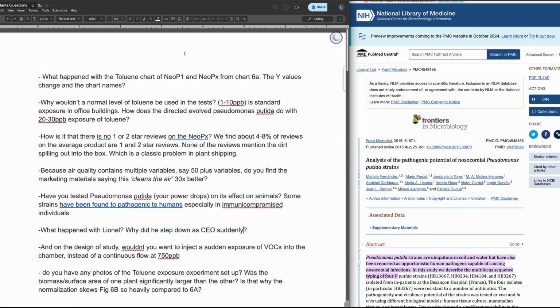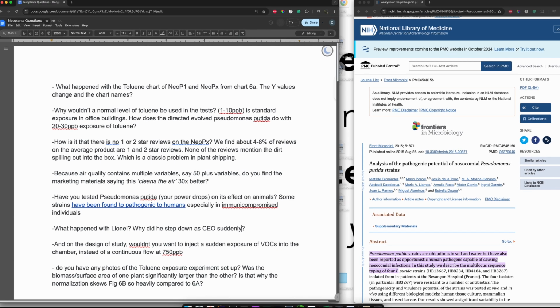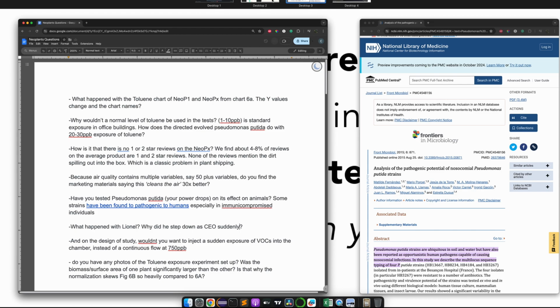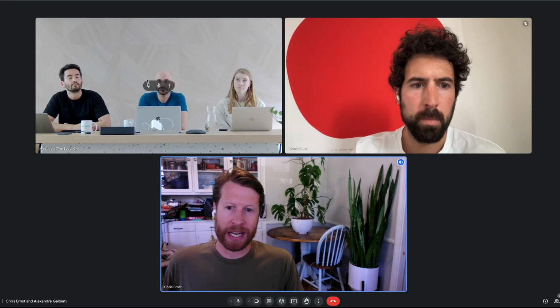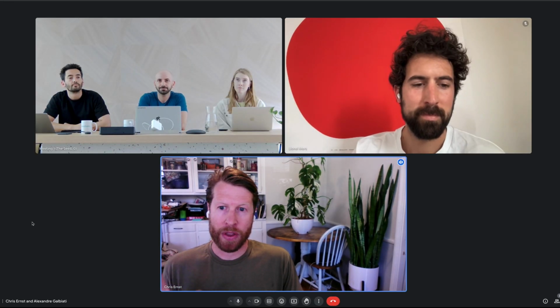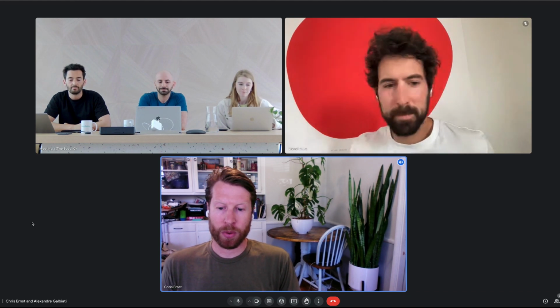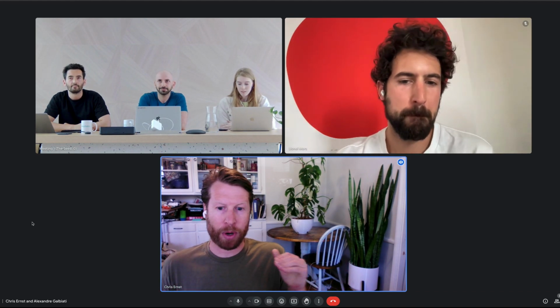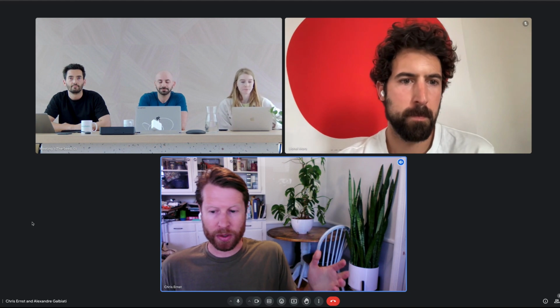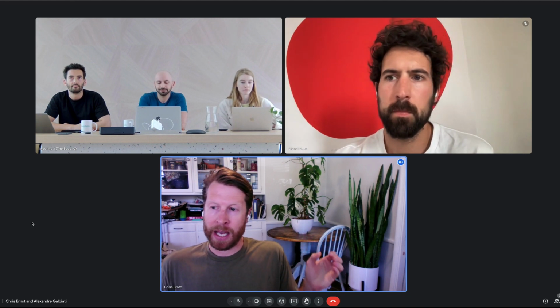Number one is the toluene chart from NeoP1 and NeoPX. Those are the same data points on the chart. And you show in the white paper that you inject 750 parts per billion into the sealed 35-liter chamber.